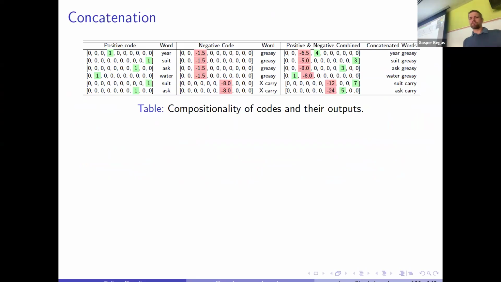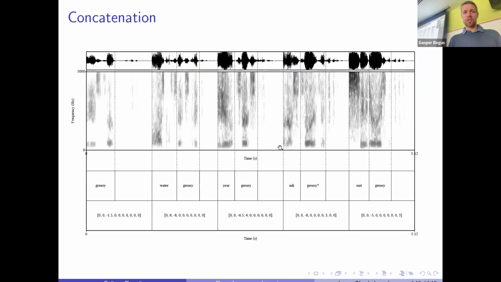But there are definitely traces of compositionality when you can predictably force various outputs that you desire. So for greasy, only the third bit in the negative range generates greasy. If you add a positive range, you get water greasy, or year greasy, or ask greasy, or suit greasy. And again, these are models that never saw greasy in any way, shape, or form other than as a single word, or any other words.